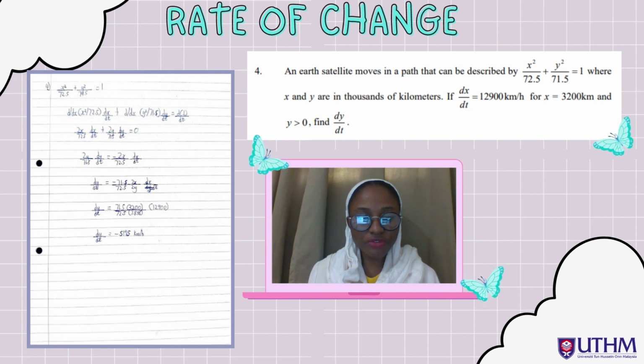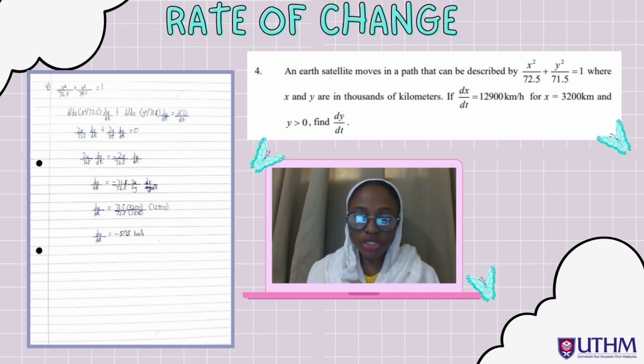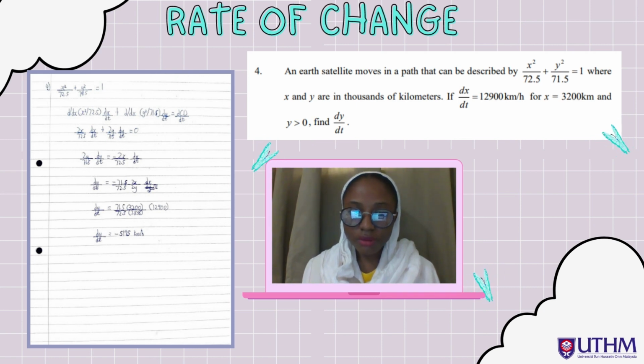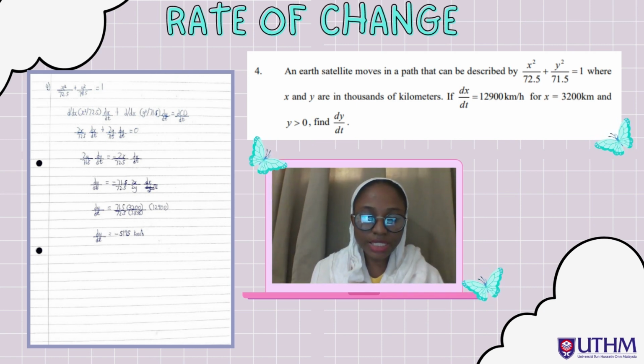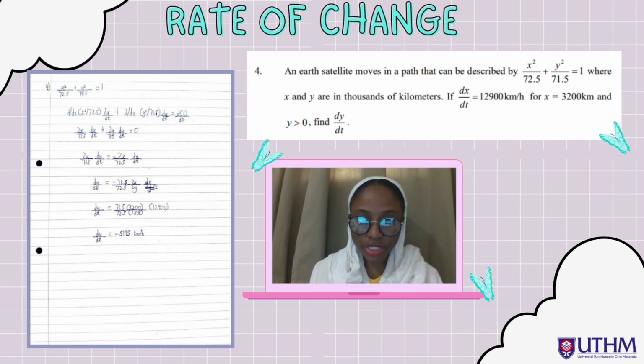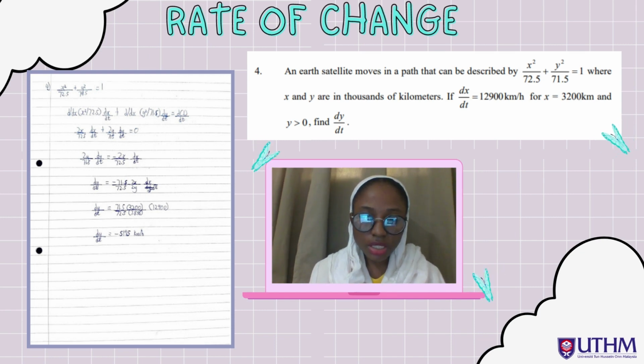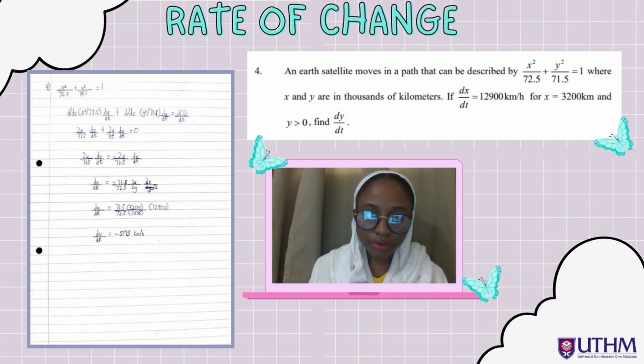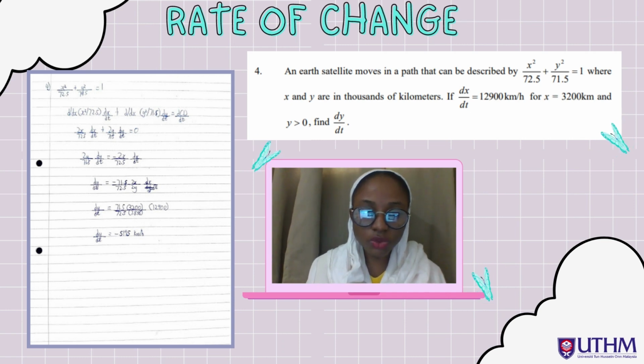To answer the question, first we have to write the equation as x squared over 72.5 plus y squared over 71.5 equals 1. The differentiation of x squared over 72.5 should be multiplied with dx over dt, and the differentiation of y squared over 71.5 should also be multiplied with dy over dt, which will be equal to 0.